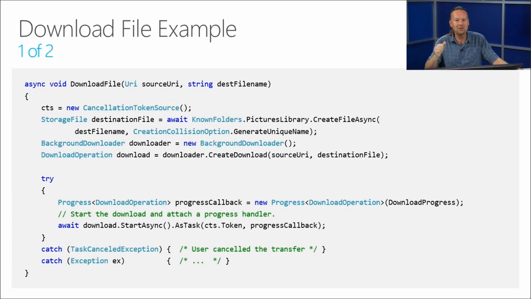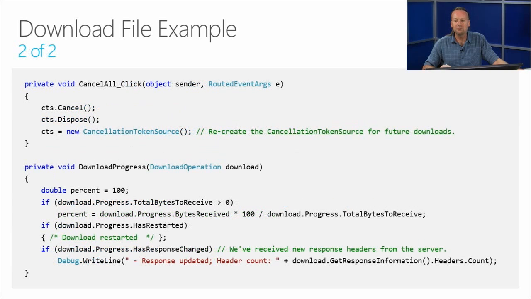You can just set it off and then away it goes. And then you will get your task cancelled exception if the user cancels it. So that's the kind of the deal. If you cancel it, well, you just call the cancellation token source.cancel and then dispose of it. So you might put that on a button in a foreground app to say, okay, cancel that.